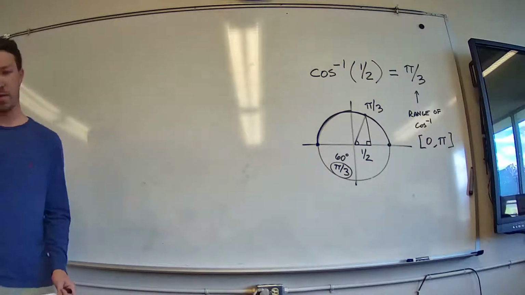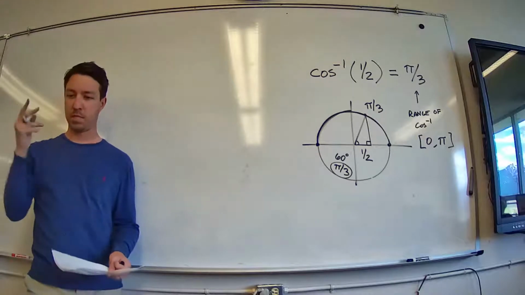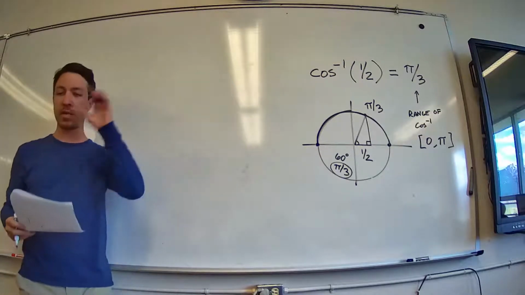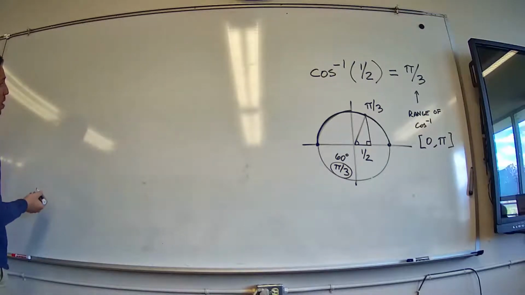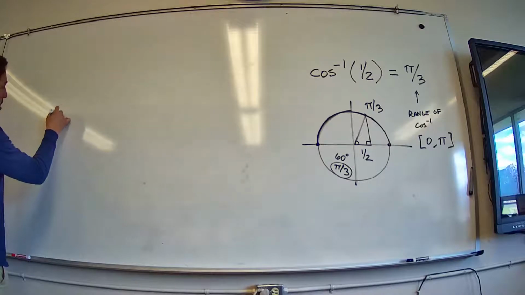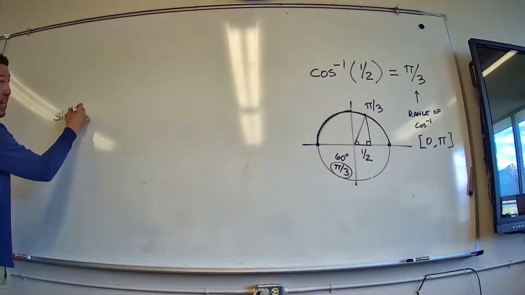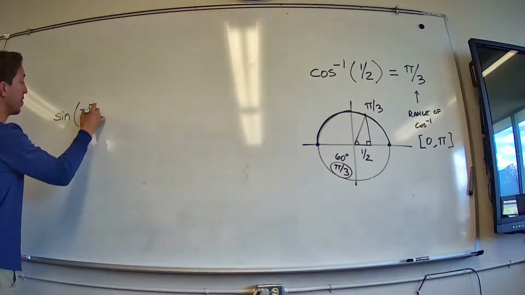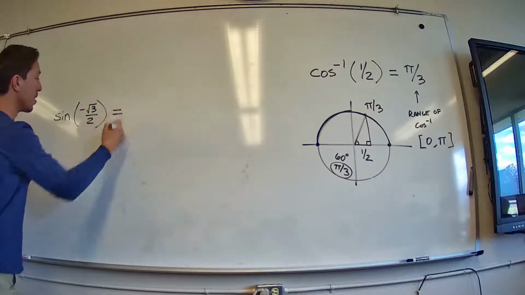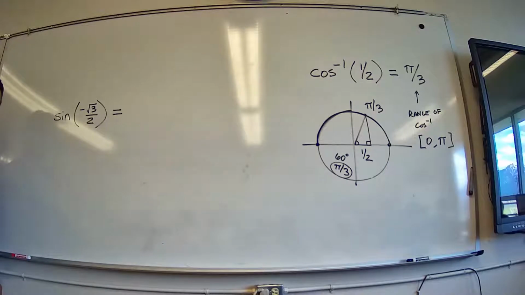I'll do you one better. I'll give you 2 more simple examples. I'll give you one just off the top of my head, which is suppose you wanted to know what's the inverse sine of -√3/2. Okay, let's answer that question.